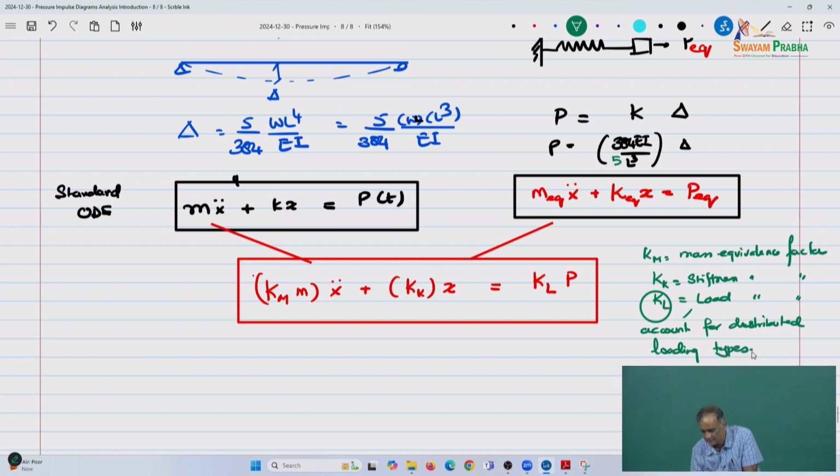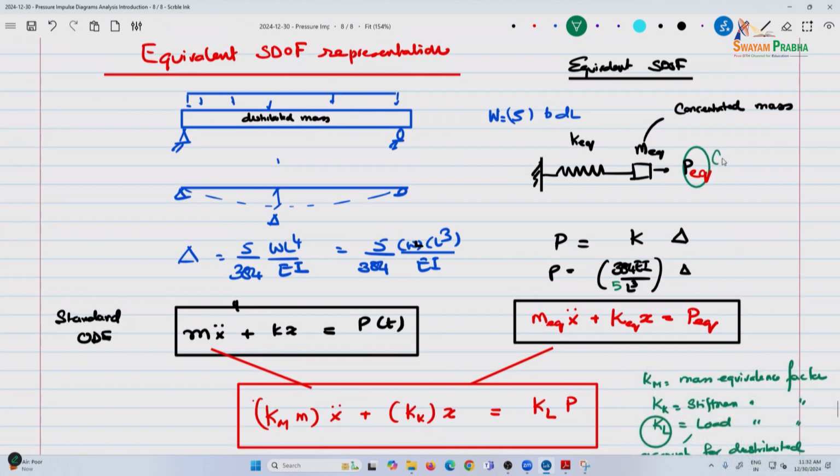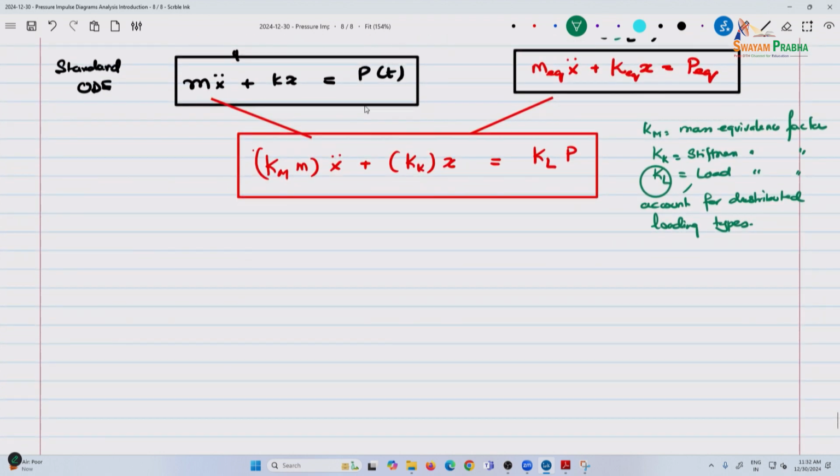In the program for non-linear, the program says this is a concentrated load, concentrated mass.